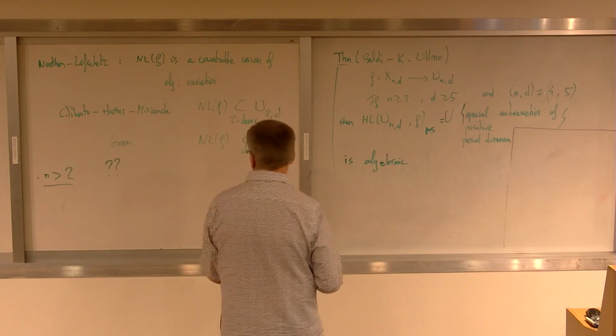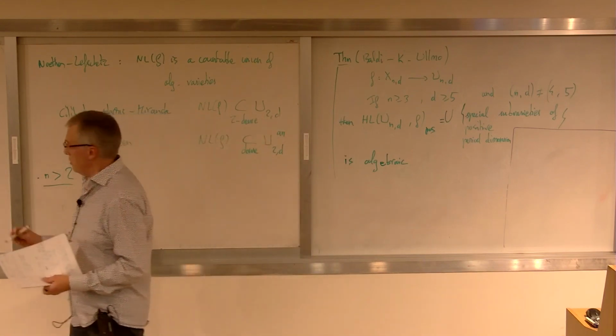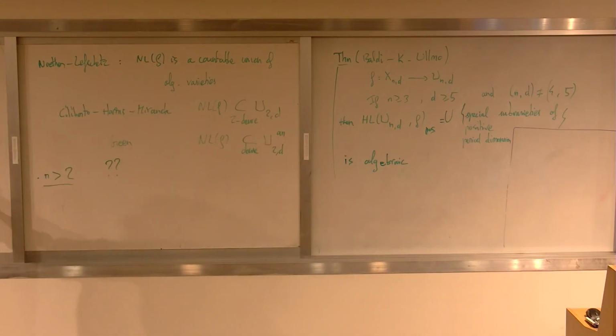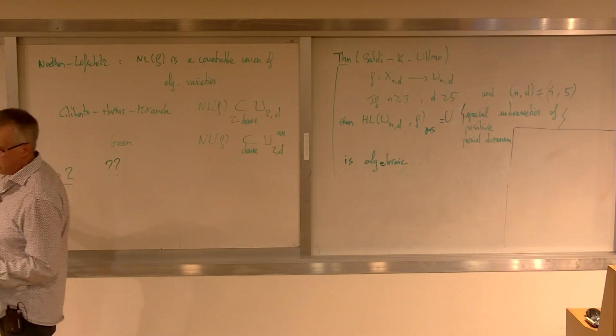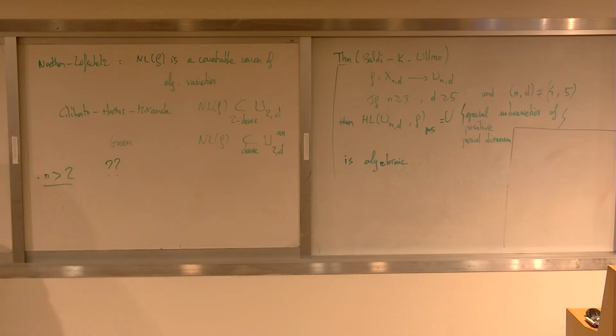This is the Tannaka group of the subcategory of Hodge structures generated by V. So this is a reductive Q-group, and reductivity comes from the hypothesis of existence of polarization.